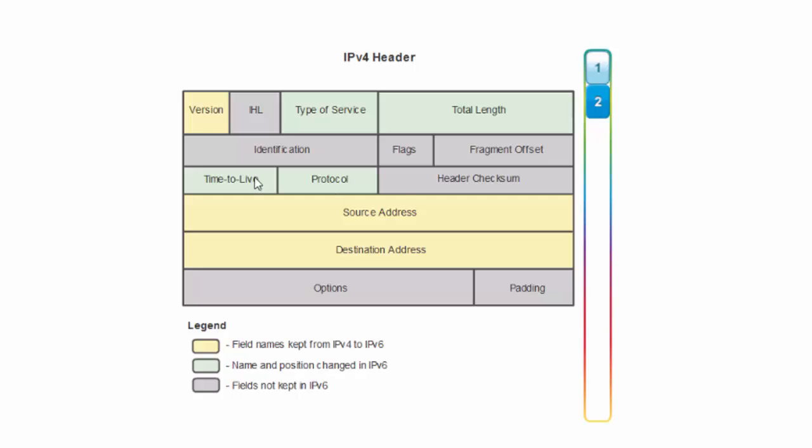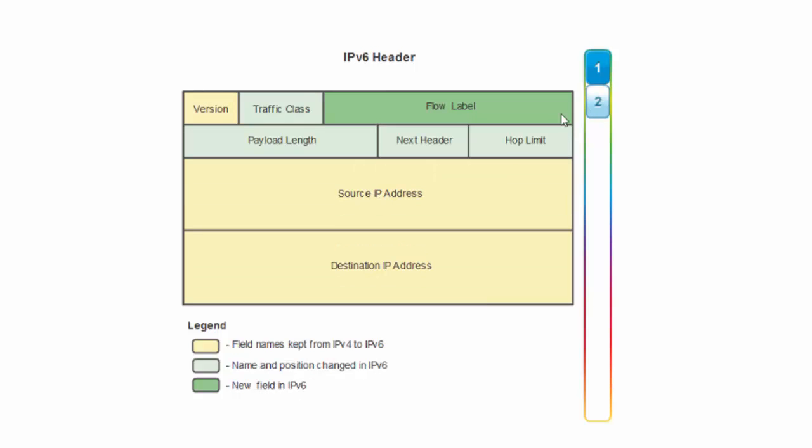So as we can see, this is the header for IP address version 4, and when we switch to IP address version 6, we will notice that the header has been significantly simplified. As we can see, the header is a lot cleaner in the case of IP address version 6, which improves the efficiency of packet handling.